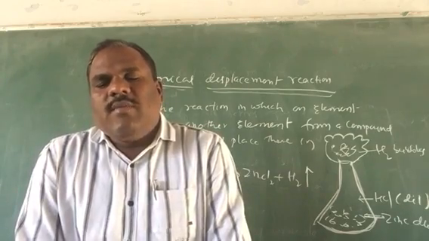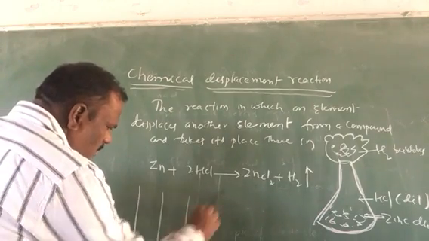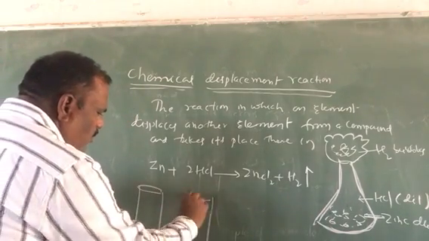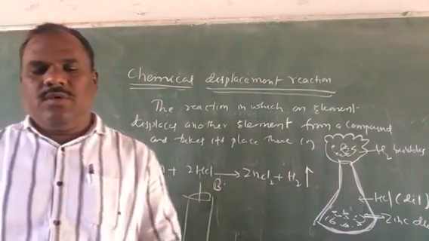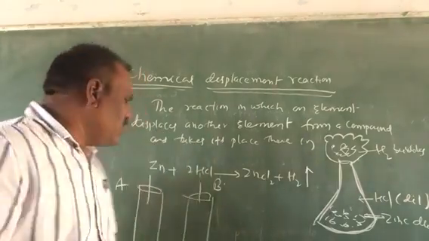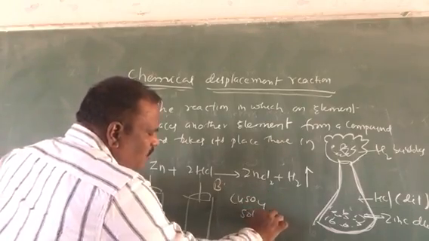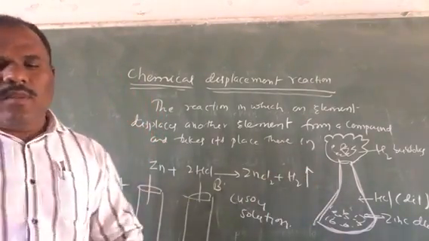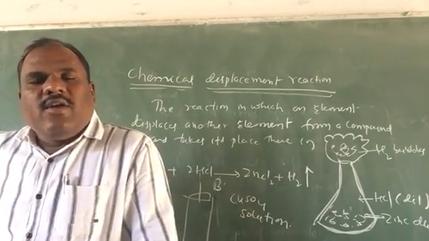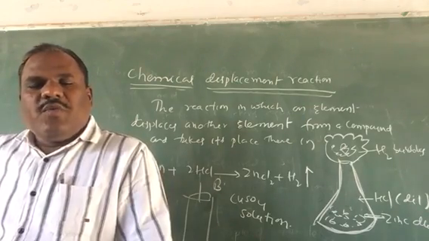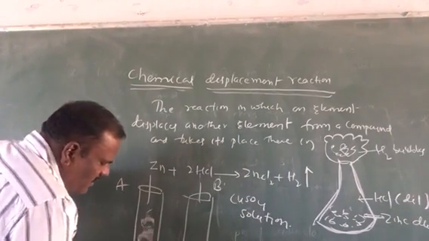Take two test tubes and mark them as test tube A and test tube B. Take about 10 ml of copper sulfate solution in each test tube. Dip one iron nail in the copper sulfate solution of test tube A and keep it undisturbed for 20 minutes.